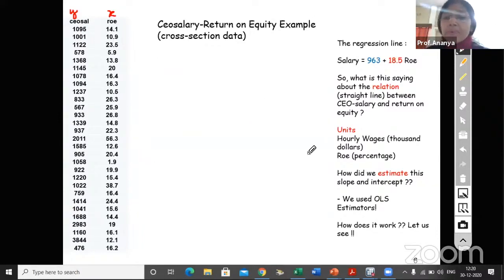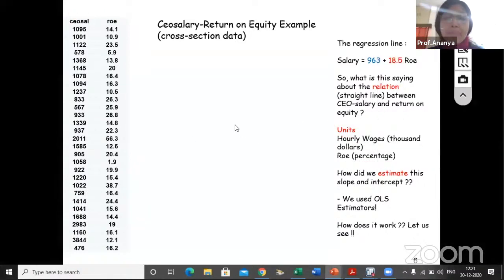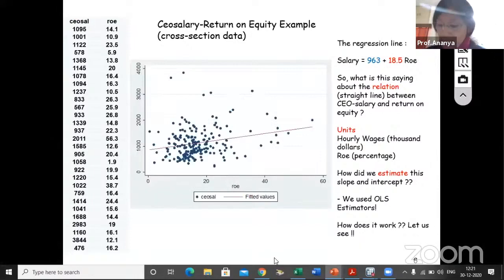Again, the units in which this data is measured: wages are in $1,000, ROE is in percentage. Once we plot the data, with the scatter and the line, we get this particular straight line: salary is equal to 963 plus 18.5 ROE. Let us interpret the coefficient.